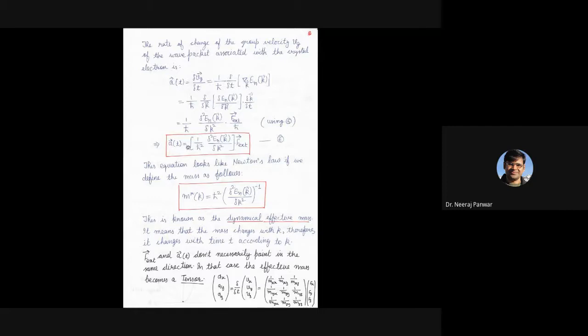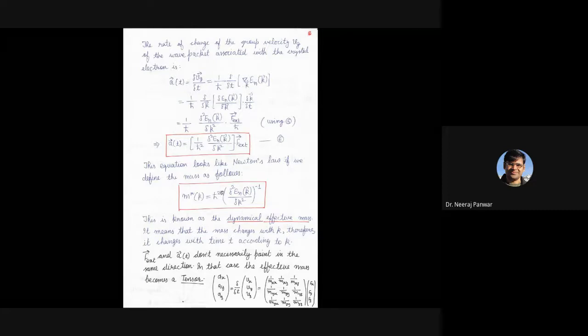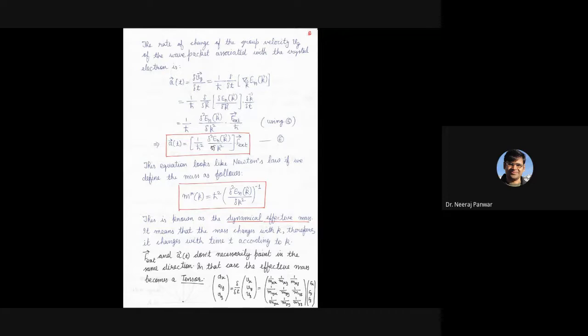So this would represent the acceleration if the quantity inside the bracket is 1 upon mass, and this represents the effective mass of the electron, which is shown by m star. M star represents the effective mass of the particle, maybe it is an electron or maybe it is a hole. So it is equal to h cross square divided by the second derivative of energy with respect to k.